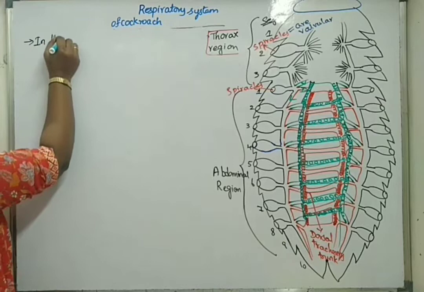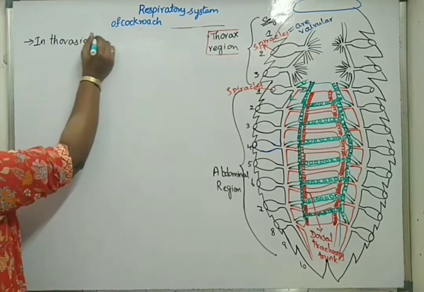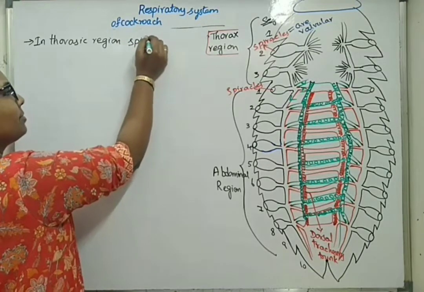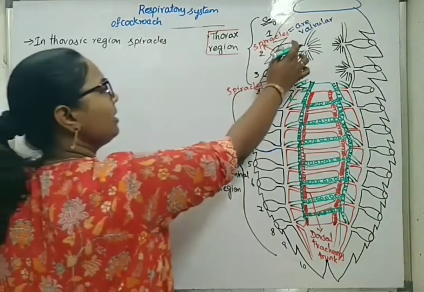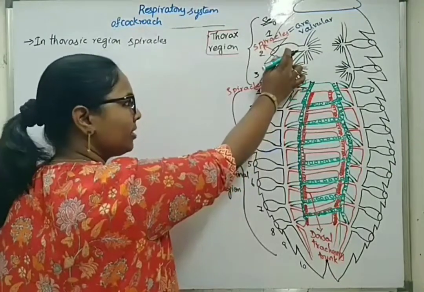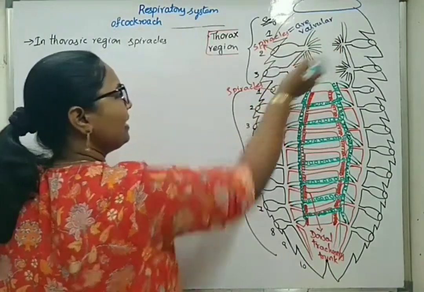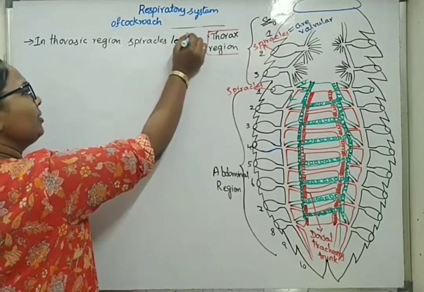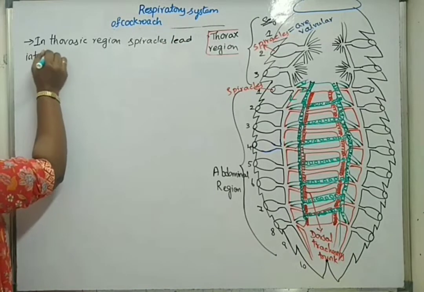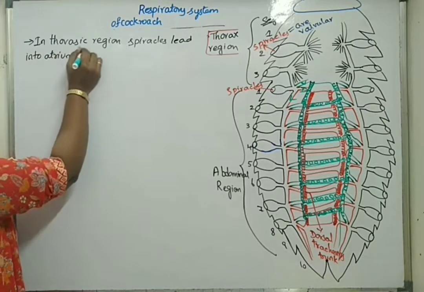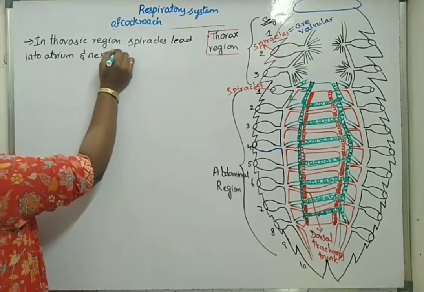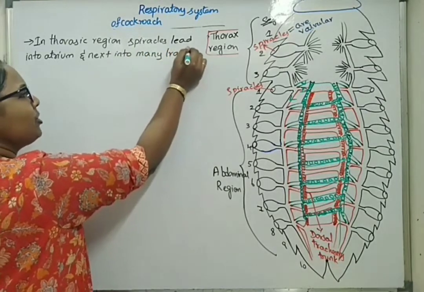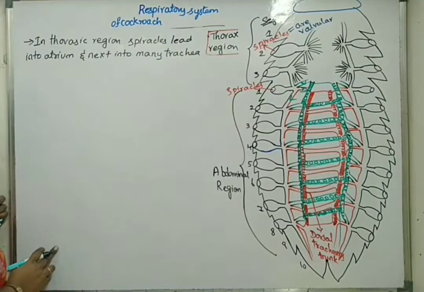In the thoracic region, spiracles lead into the next structure called atrium. Atrium leads into many trachea. So we'll write: spiracles lead into atrium and next into many trachea.